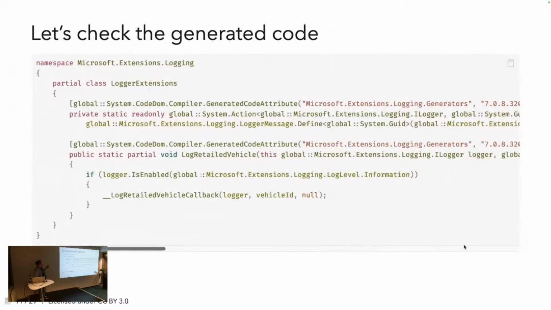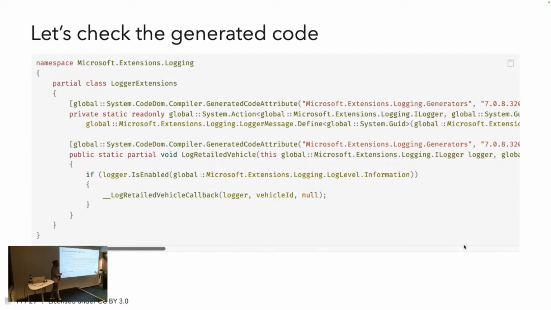So yeah, let's quickly check the generated code, because the generated code is still mostly the same. We still have the System.Action here. It still has the ILogger interface, the System.Guid, which you can't see here anymore. It's still calling LoggerMessage.Define, and it just implements the partial method we are having here.